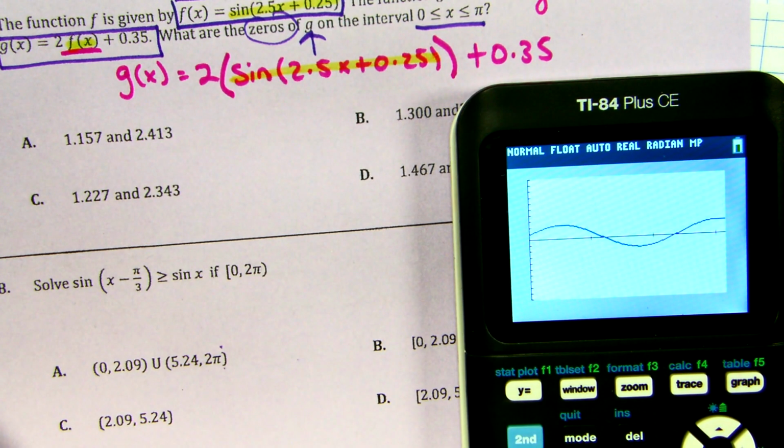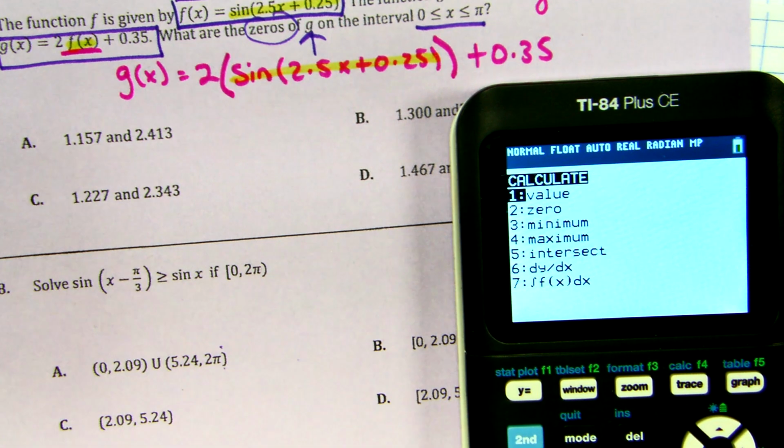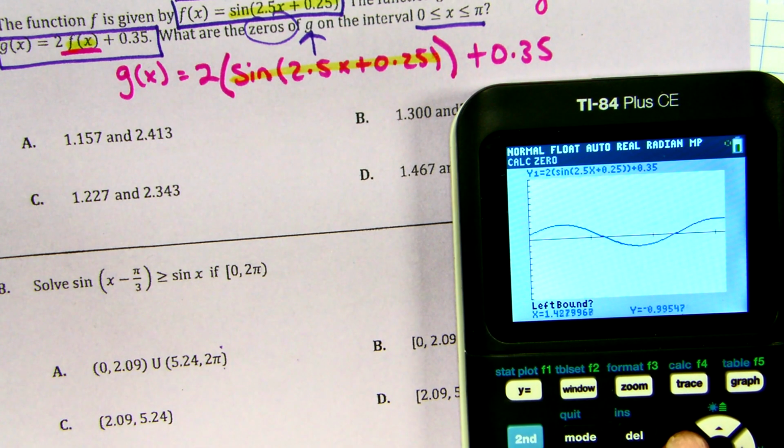Zeros are your x-intercepts. But guys, where we do min, max, intersect, there's a 0 button. Just use that. It's asking for left bound, right bound, like all of these do. Enter. And I get 1.22.